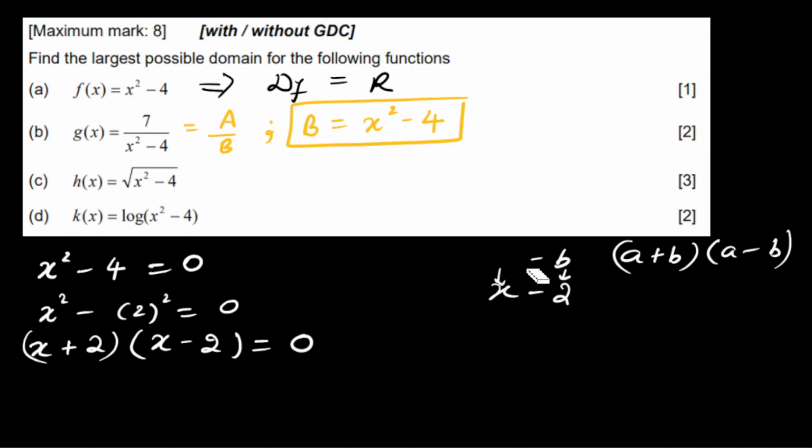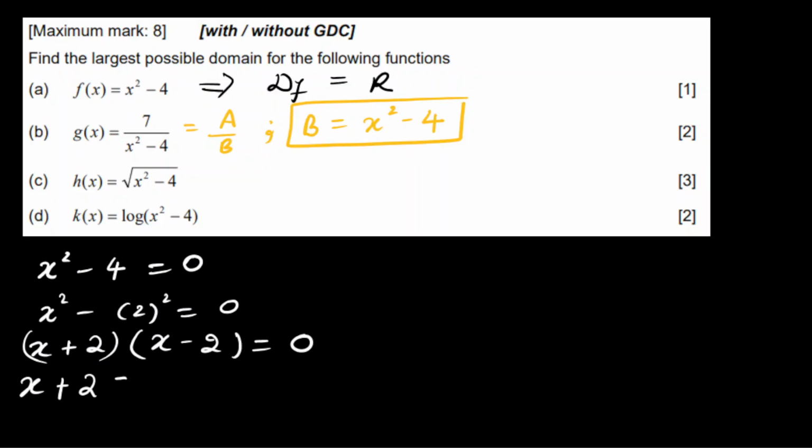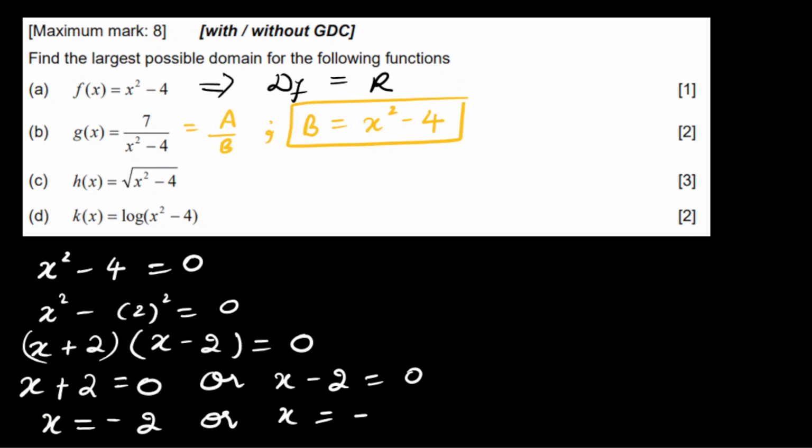Now whenever we are solving a quadratic equation, we'll write these factors. We can write either x plus 2 is equal to 0 or x minus 2 is equal to 0. From here, I'll get two values of x: x is equal to negative 2 or x is equal to positive 2. So I found the roots of the equation.